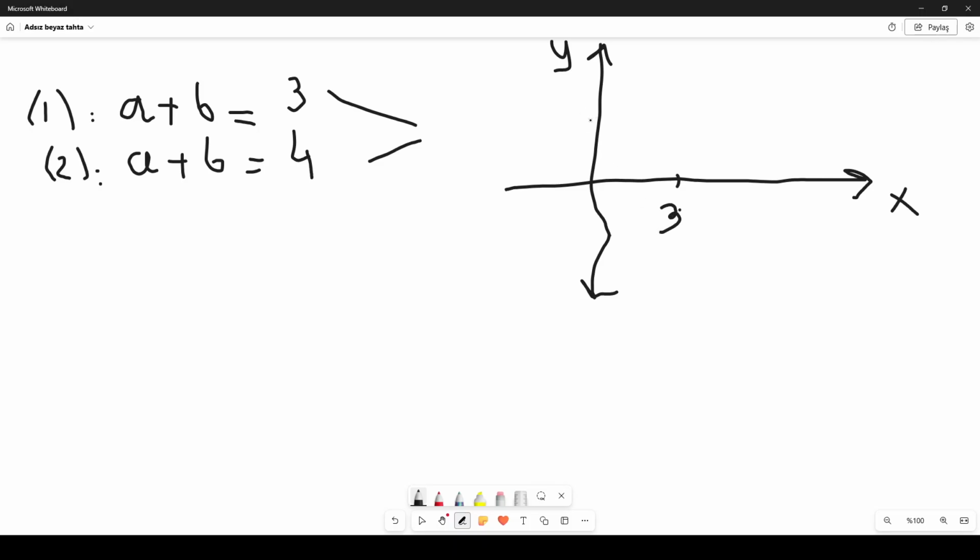And if you take a equal to 0, then b is 3, and equation number 1 is nothing but this line. Okay, and equation number 2, in the same manner, if we take values a and b respectively equal to 0, we get another line, right? Something like this, where it passes point 4 on the x-axis and 4 again on the y-axis.